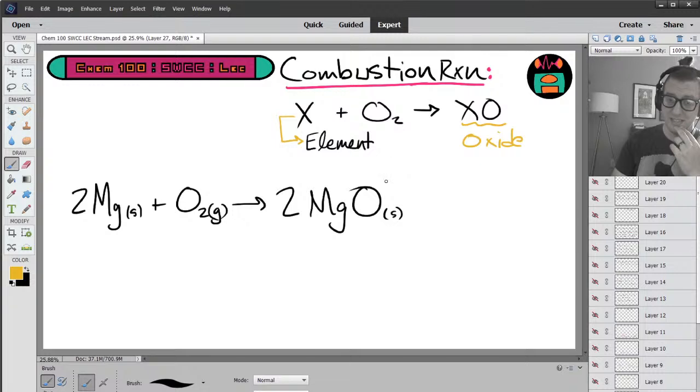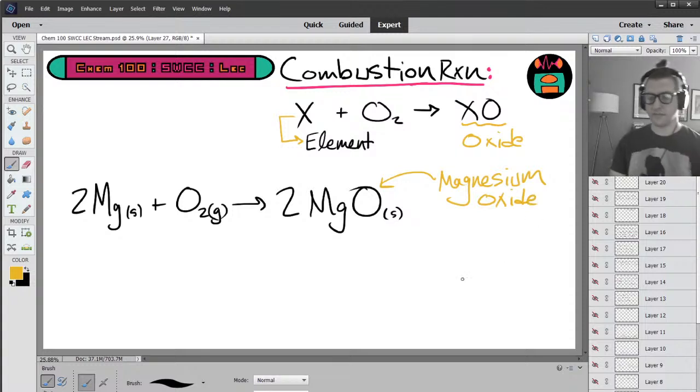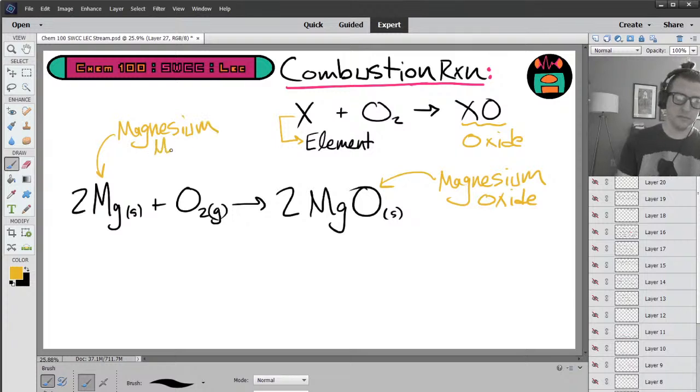All right, this right here, magnesium oxide. And this is coming from magnesium metal. All right.